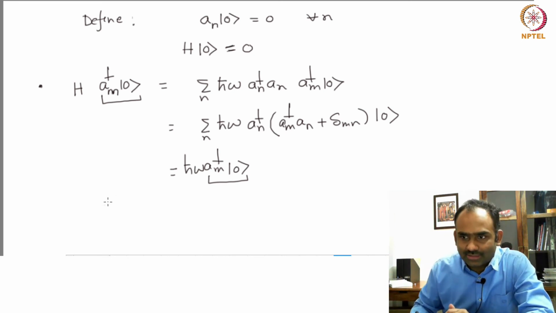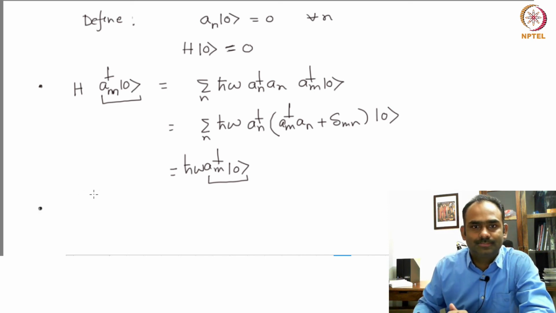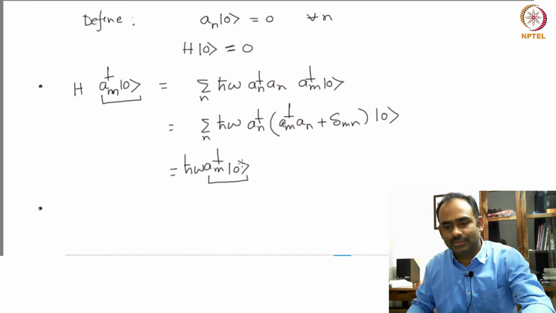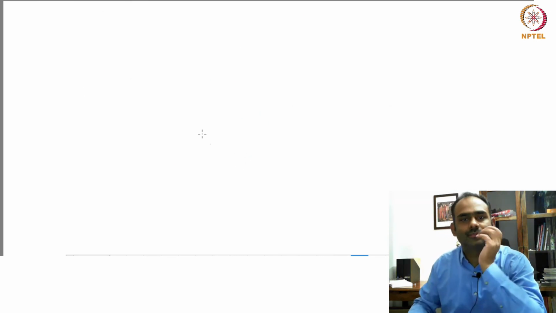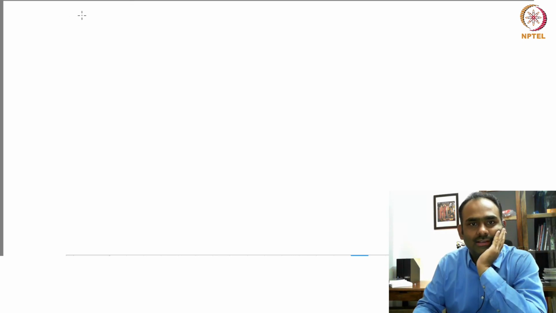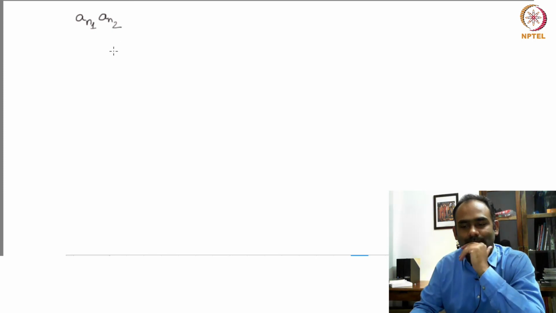How about this? Maybe I should go to the next page. Okay. How about this? So I start with a_n1 a_n2. Instead of m and n, I am writing n1 and n2.